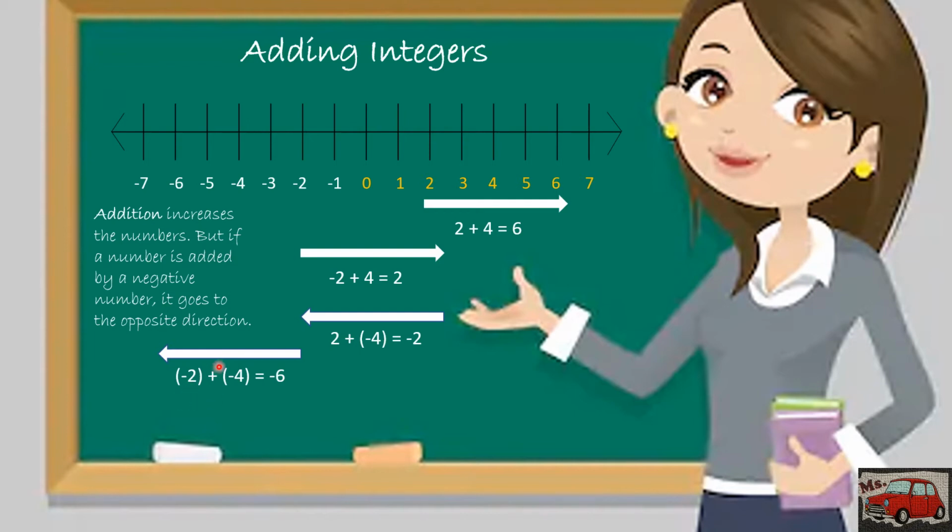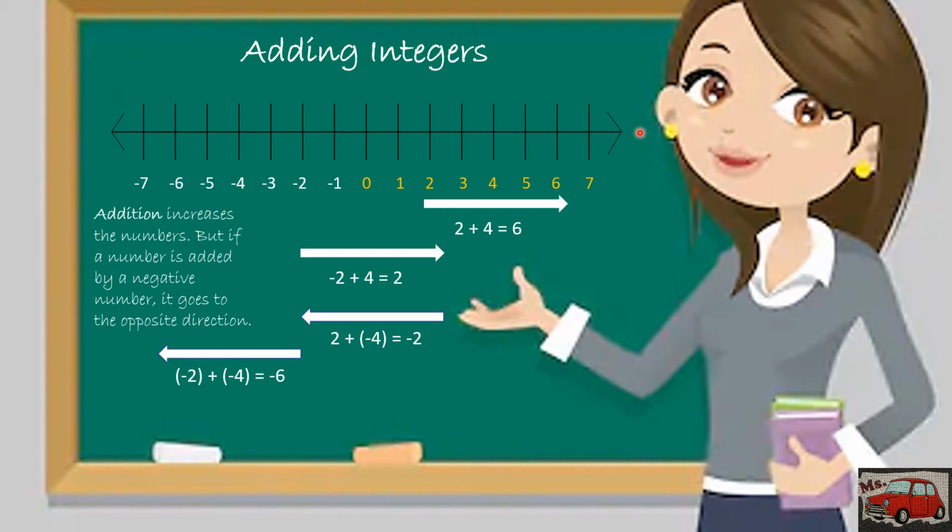How about this one? Negative 2 plus. Plus should go to the right, but since what I'm adding is negative, I go left. Four steps again. From negative 2, four steps to the left. 1, 2, 3, 4. Then I end up at negative 6. Okay? So, again, if it's addition, supposedly our movement is to the right, because adding means the value gets bigger.